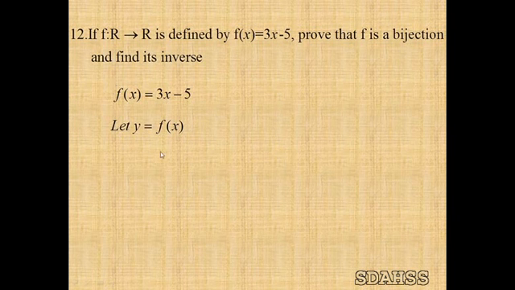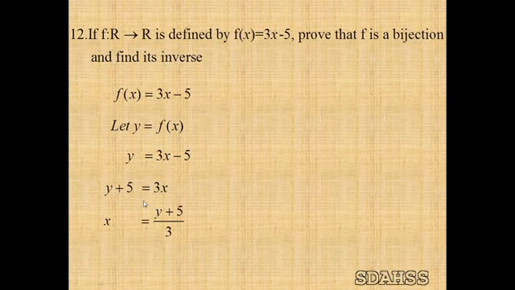So this becomes y is equal to 3x minus 5. You bring this minus 5 to the other side, it becomes positive. So y plus 5 is equal to 3x. Now x is equal to (y plus 5) by 3.